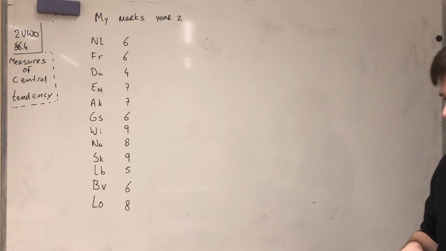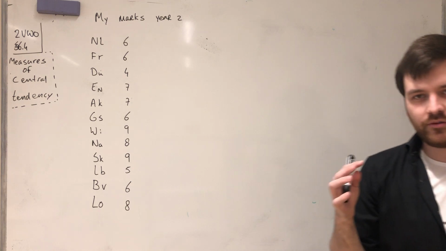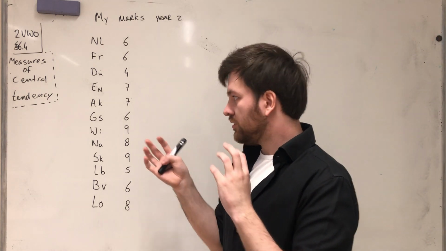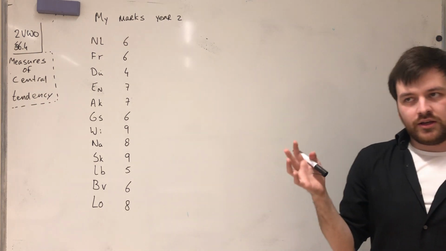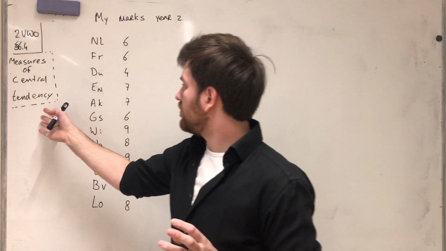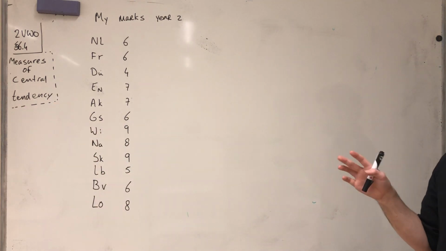And what are we going to do? We're going to look at measures of central tendency, and that's a really difficult word for basically saying we're trying to get a good idea of this data. There are three of them that we're going to look at today. One of them is already known to you.